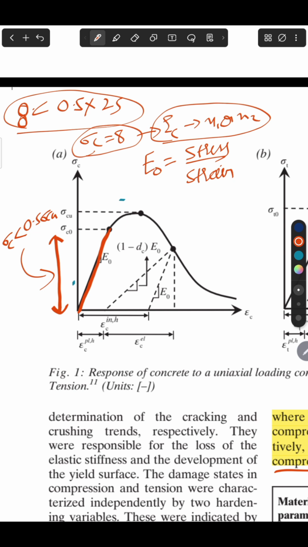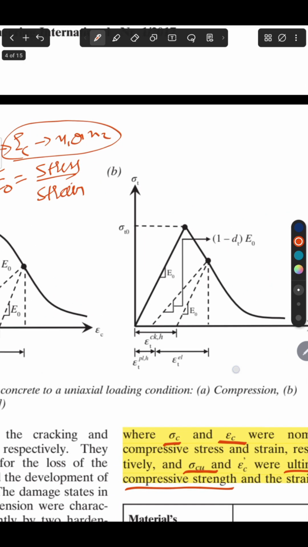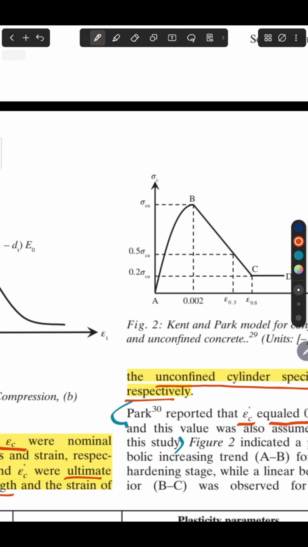Now let me take you here. Here we have sigma cu and the corresponding strain is 0.002. For every value of stress up to this, we get two values of strain.